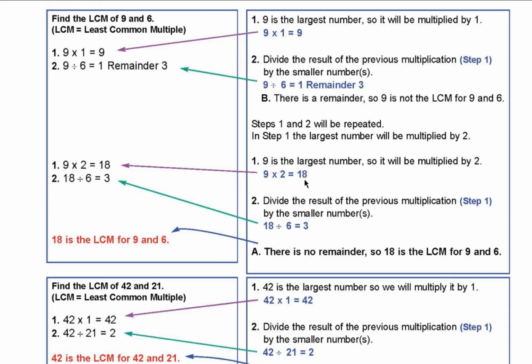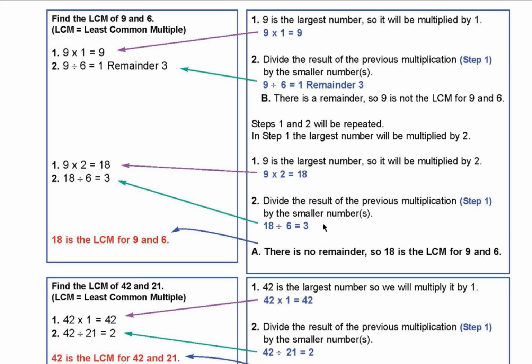We divided the result of the multiplication, which is 18, by the smaller number, which is 6. 6 is smaller than 9. So, 18 divided by 6 equals 3. There was not a remainder.